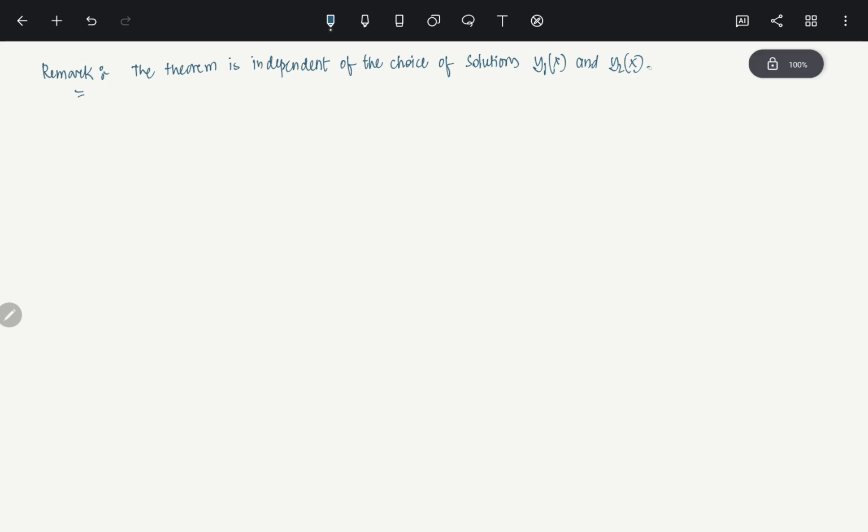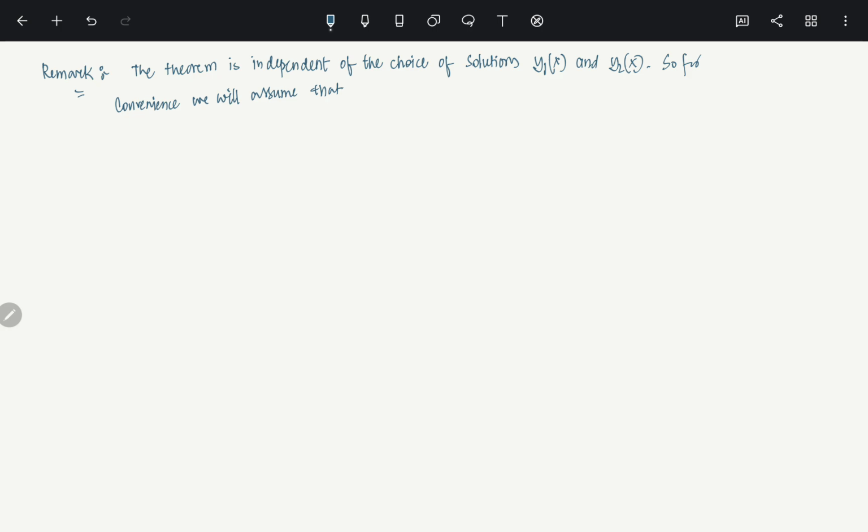So for convenience, we will assume that you do realize y1 and y2 are any two linearly independent solutions, so they have to pass through some initial data, right?